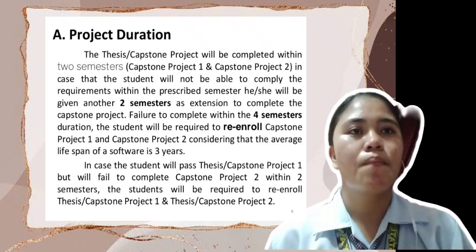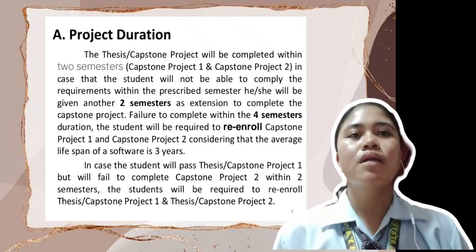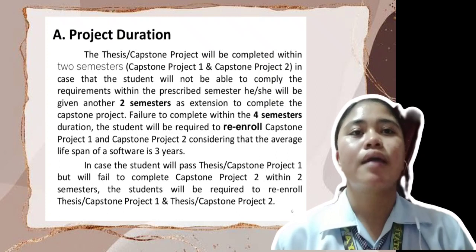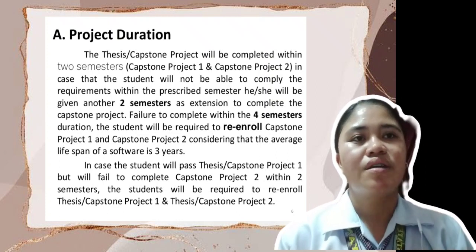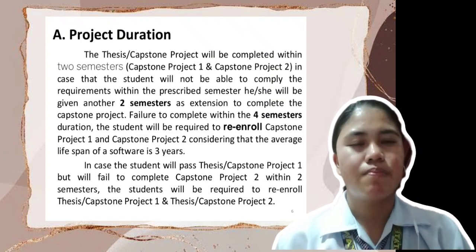Failure to complete within the 4-semester duration, the student will be required to re-enroll in Capstone Project 1 and Capstone Project 2, considering the average lifespan of software is 3 years.